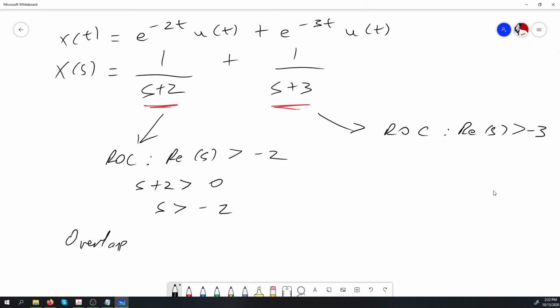Because there's an overlap, we will choose the bigger value for our region of convergence. So the region of convergence for X of s here is the real part of s being more than minus 2.